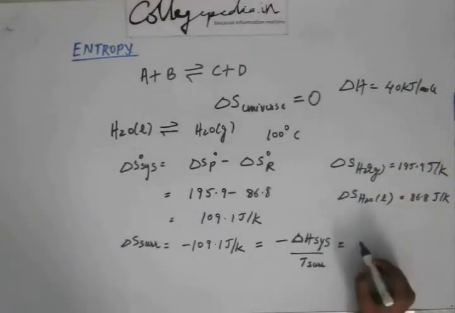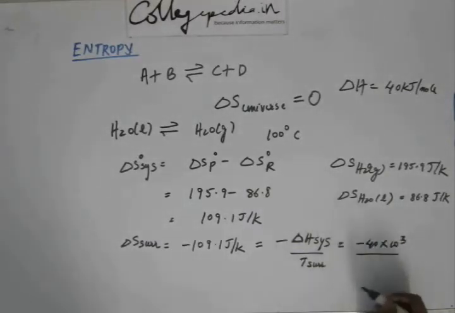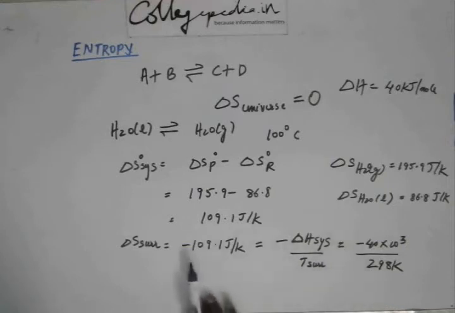Now minus times of that will be minus 40 into kilo, and surroundings temperature is taken as 25 degrees Celsius, that will be 298 Kelvin. If we find out, this will be very close to 109.1 joule per Kelvin.